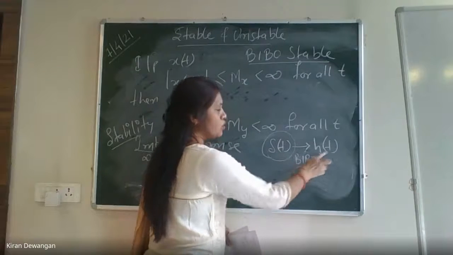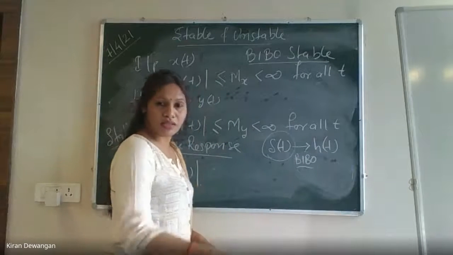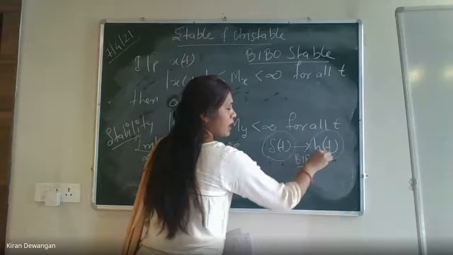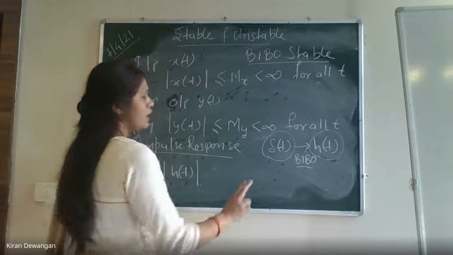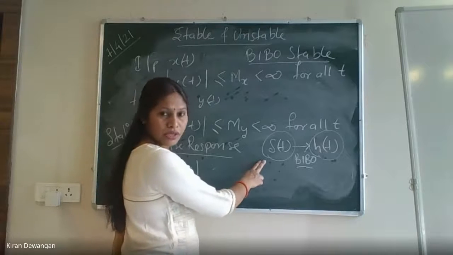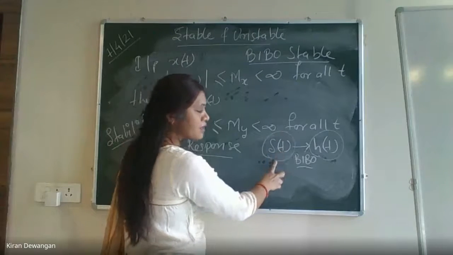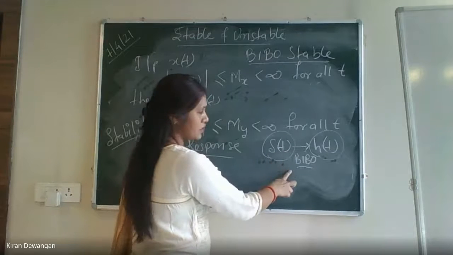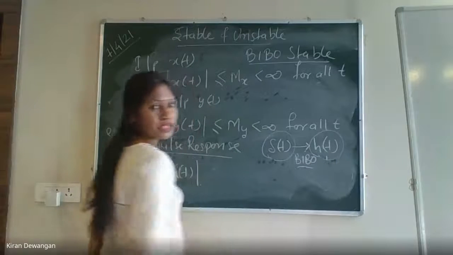Even if the system is not stable, whatever output we get for an impulse input is called the impulse response, and it is always represented by h of t. You need to remember that if we give the impulse function delta as an input to any system, the output is always h of t, and h of t is the impulse response.